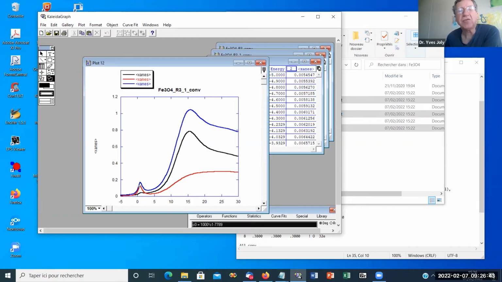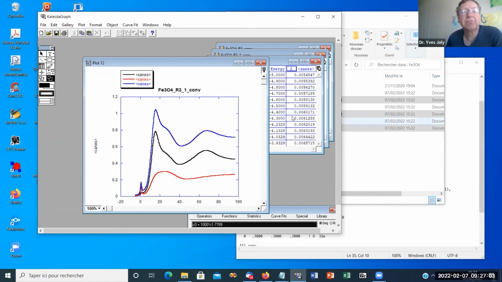Is it on the tetrahedral site or in the octahedral site, just looking at the pre-edge or the ratio between the pre-edge and the main edge. So you can get an idea in this way of where some doping element goes.